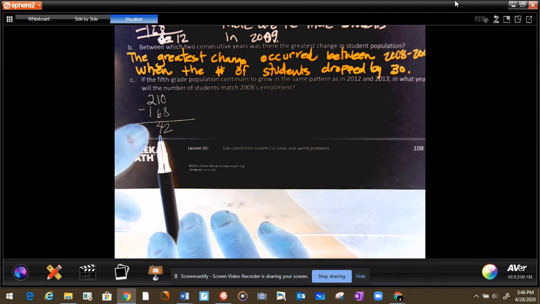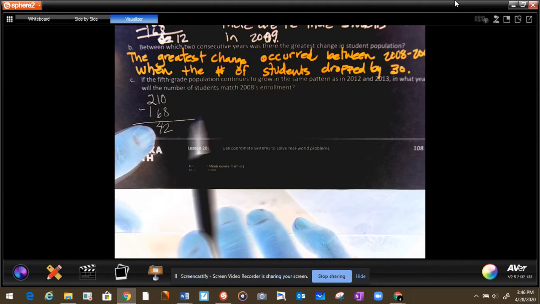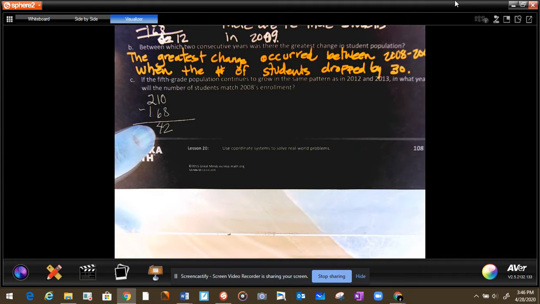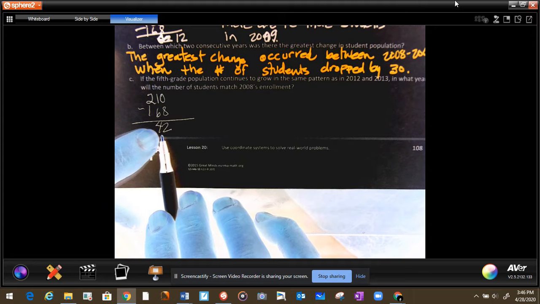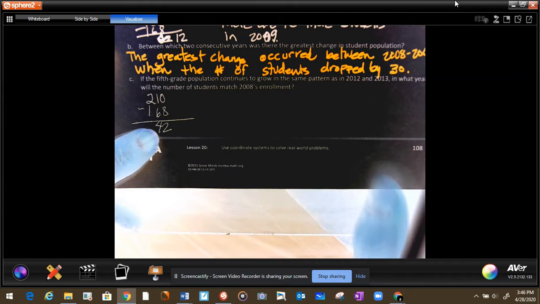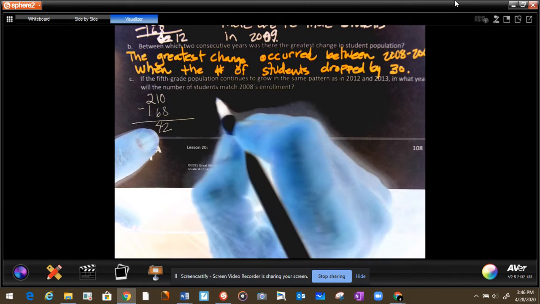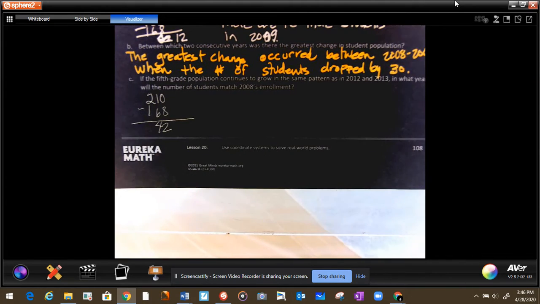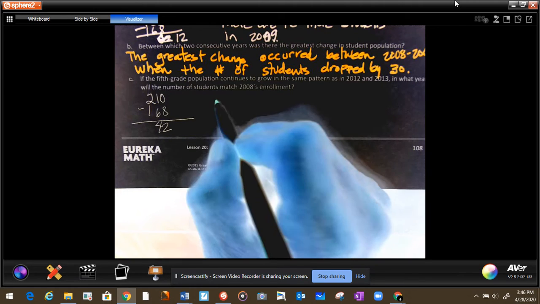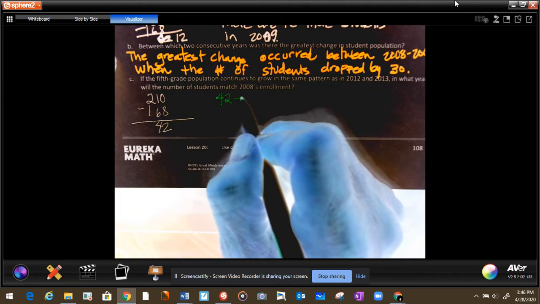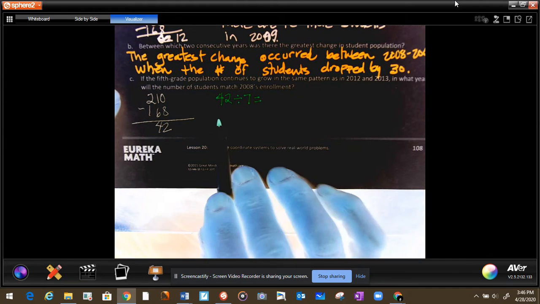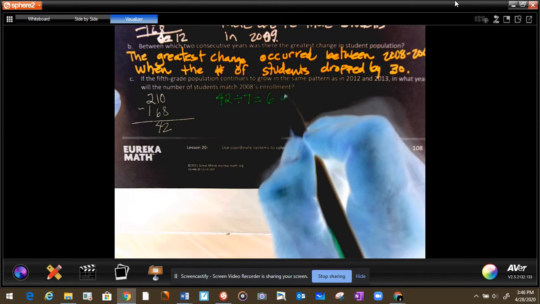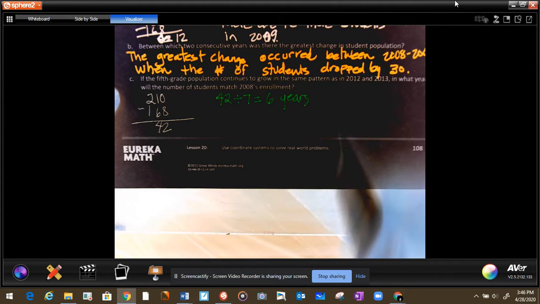So now this is 42 students that need to come to the school to get to 210. But those students have to come following the pattern of 7 every year. So how do we do that? Well, we have to divide the number of students by how many students come every year to get to 210. So the answer will be 6 years. It's going to take 6 years.